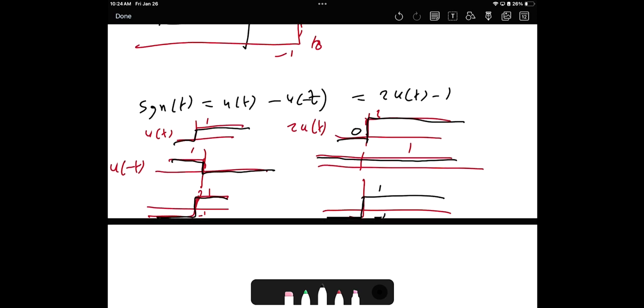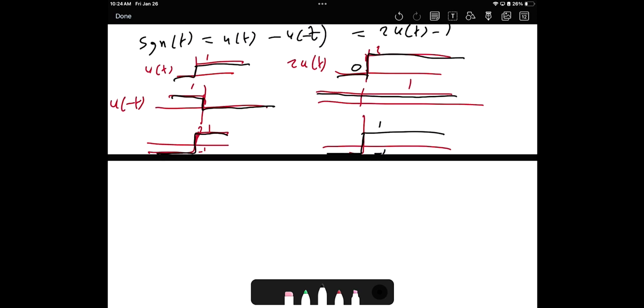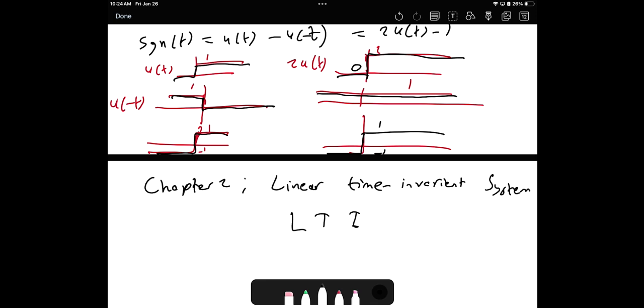Let's move to chapter 2, which is linear time invariant systems. As a shortcut, we will say LTI. Linear time invariant.